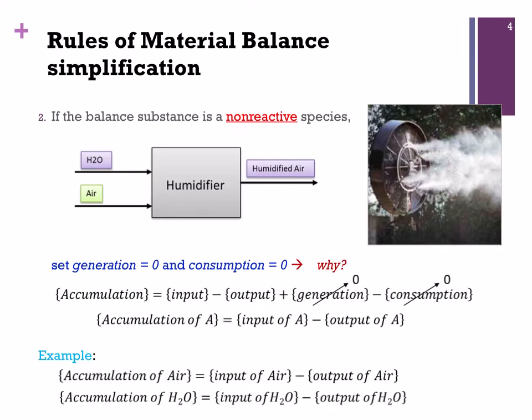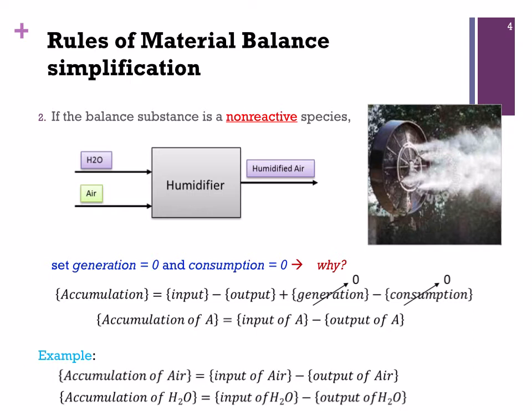But for another simplification, if there is a non-reactive species, using the general mass balance equation, the generation and consumption will become 0 because there is no compound being generated, no new compound, and there is no compound being consumed.